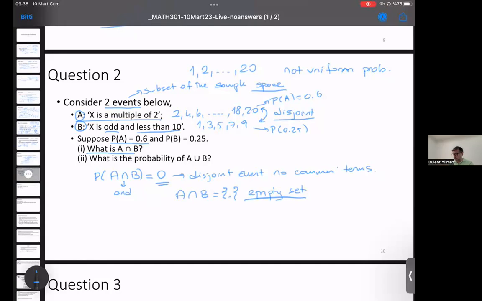The probability is 0. But if I ask what is A and B, then it should be the empty set. Is that clear? The difference between probability and outcome? One of them is the empty set. The other one is probability is 0. Okay.